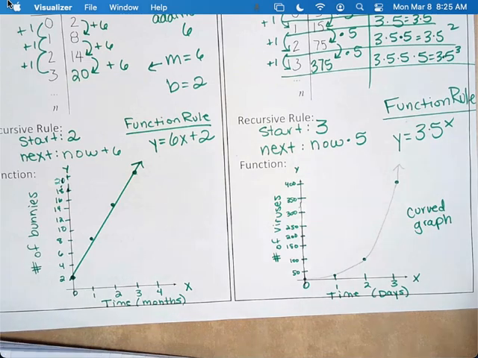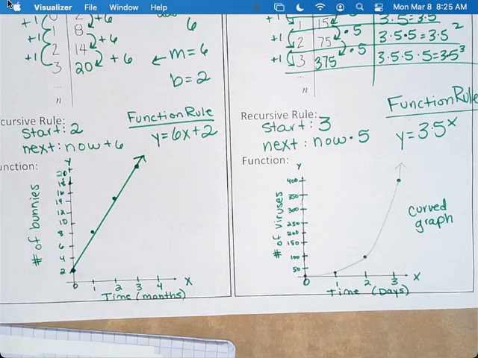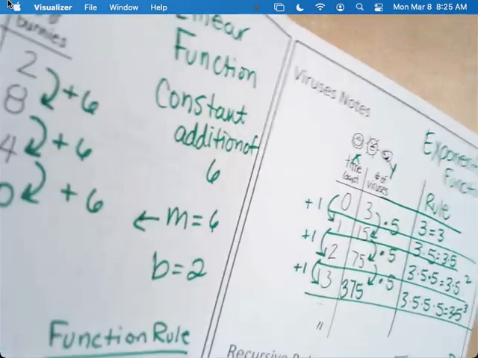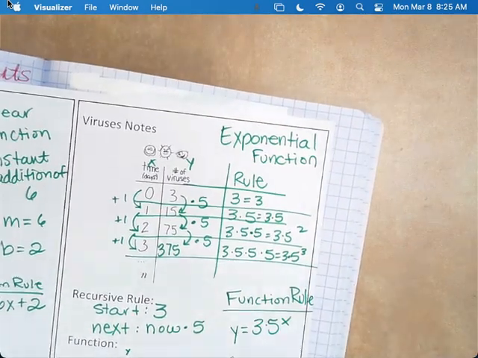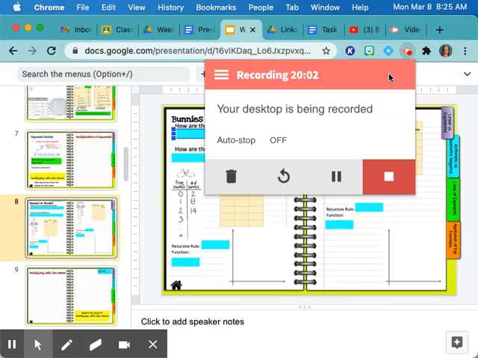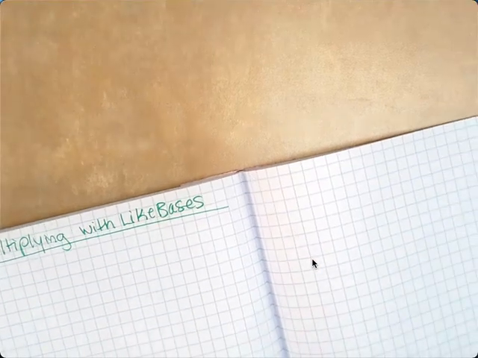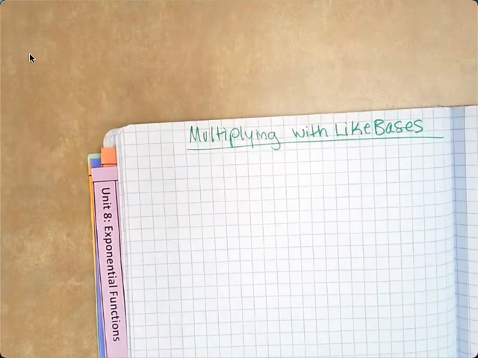Okay, we are going to put this in our journal and also take a picture and put it in our digital journal. And then we need to do a problem string. Okay, we are going to do a problem string of multiplying with like bases.